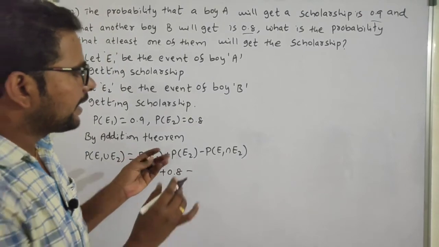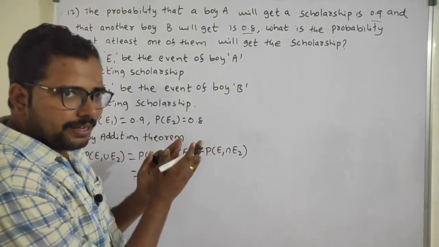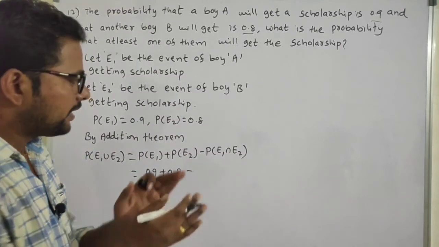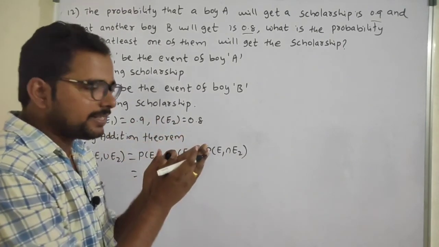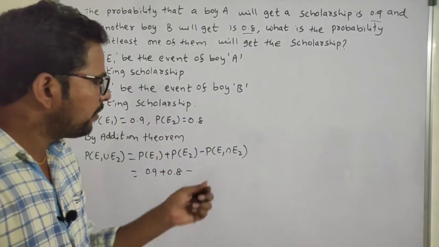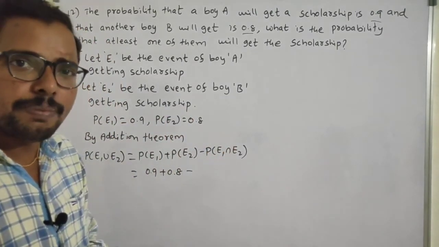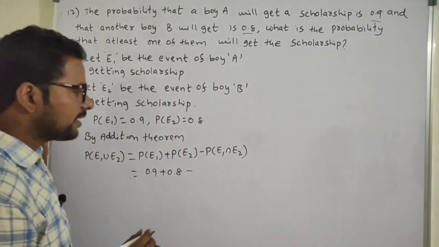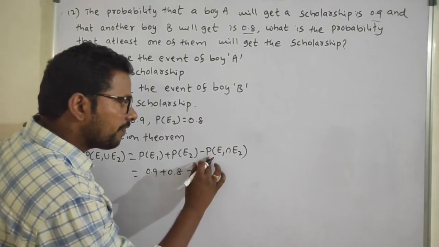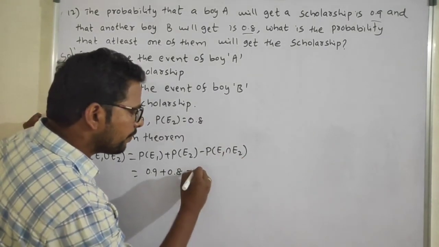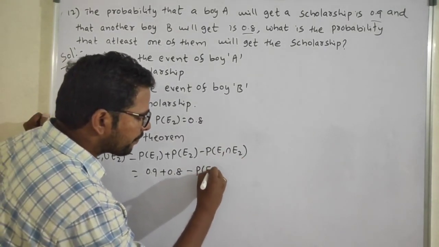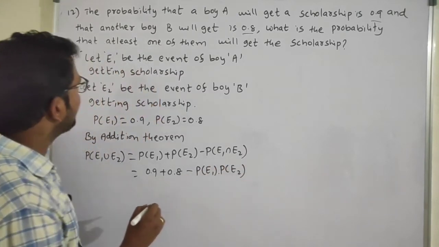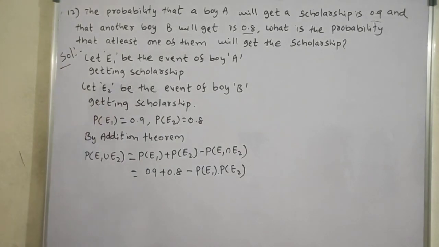Boy A getting the scholarship does not depend on boy B getting the scholarship. That means the probability of A getting the scholarship does not depend on B. Therefore E1 and E2 are independent events. What is the definition of independent events? P of E1 intersection E2 is equal to P of E1 into P of E2. E1 and E2 are independent events.